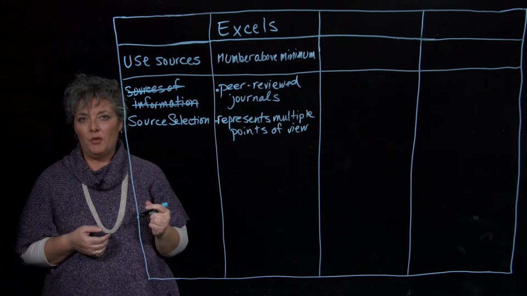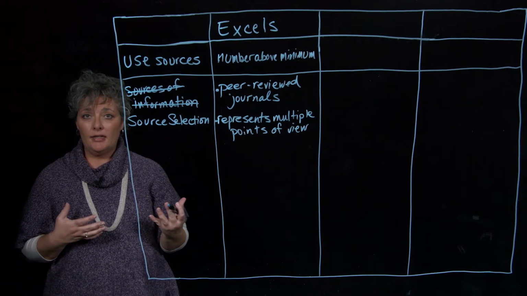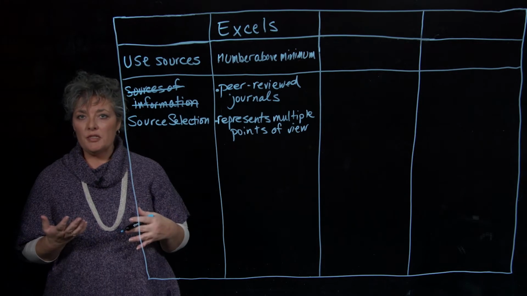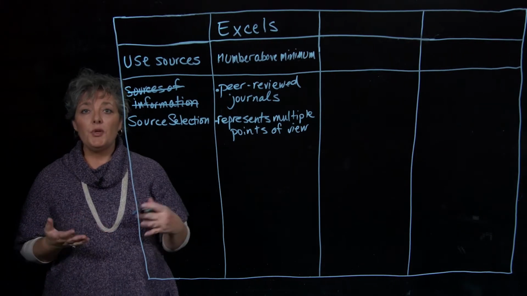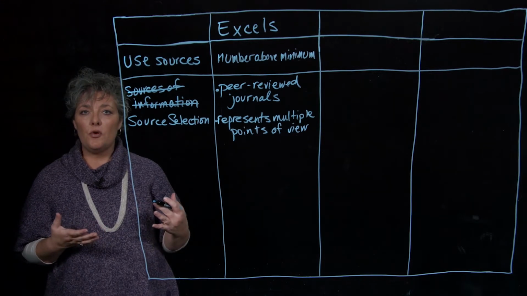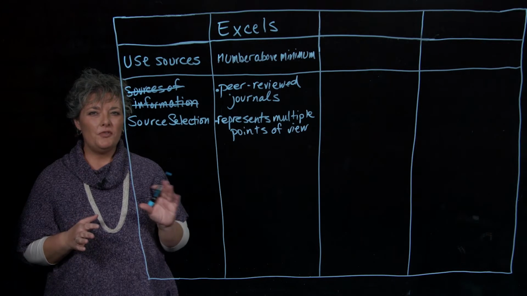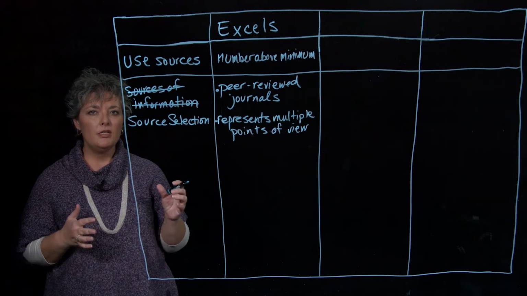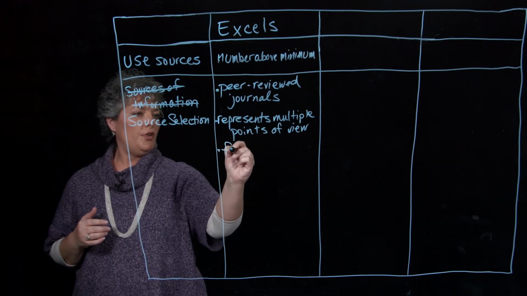What else do we care about with regard to the source selection? I want students to use current data, so either the most recent available or to acknowledge a reason why older research is appropriate. I'm going to call that recent research or well-reasoned older research. No, that's really confusing. How about foundational sources are included?